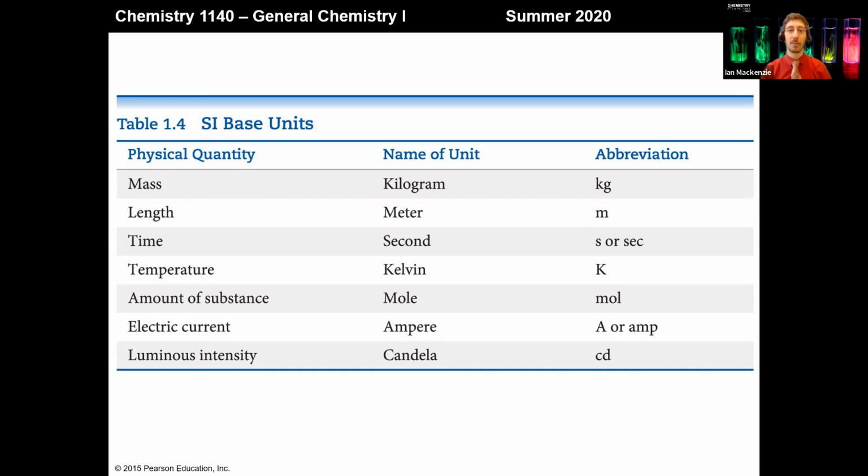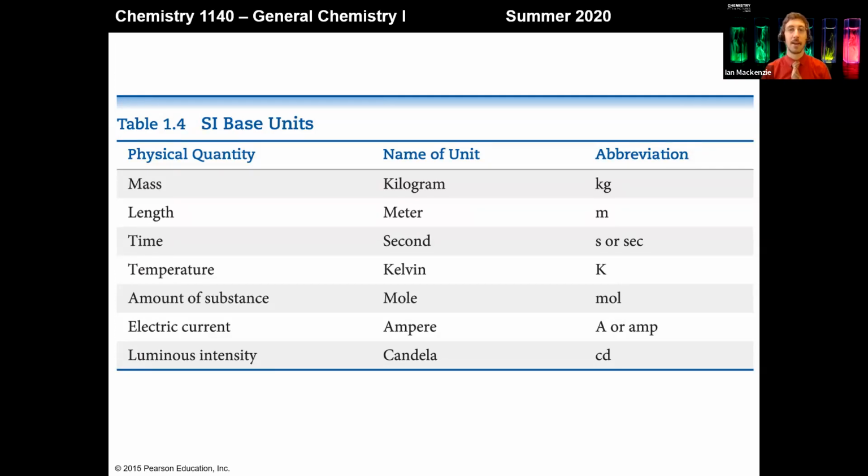And that helps provide some uniformity amidst the variety of units that people had previously been reporting. And so these are the standard international units for particular measurements. And then we'll talk about some deviations from that.